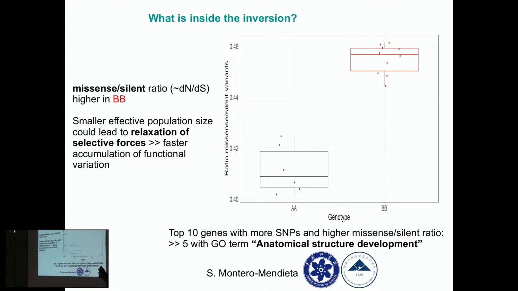It seems that because of the smaller population size, because of the lack of migration, there is a relaxation of selective forces in the quails that live around here, in the south of the Iberian Peninsula, Morocco, and the Canary Islands, that could lead to faster morphological change, faster divergence. No?